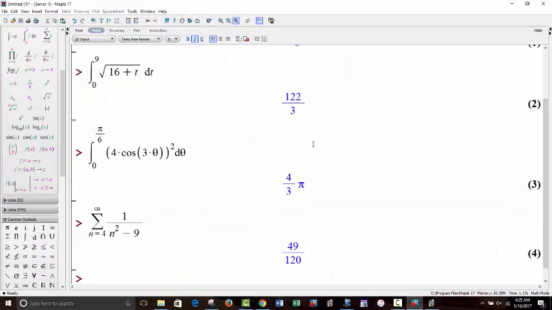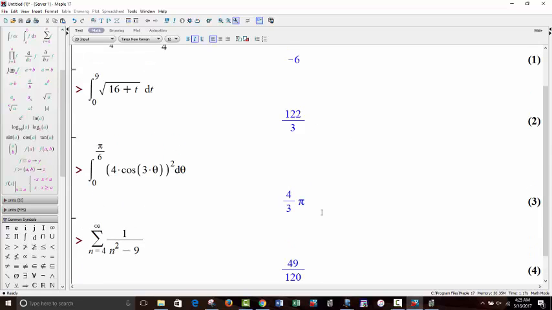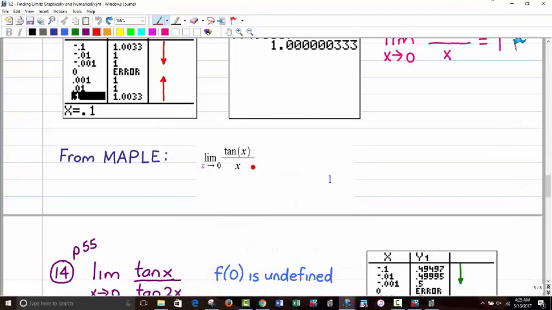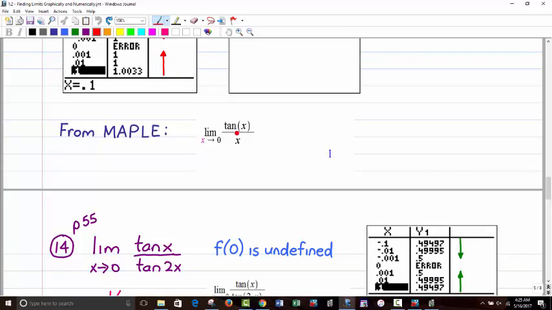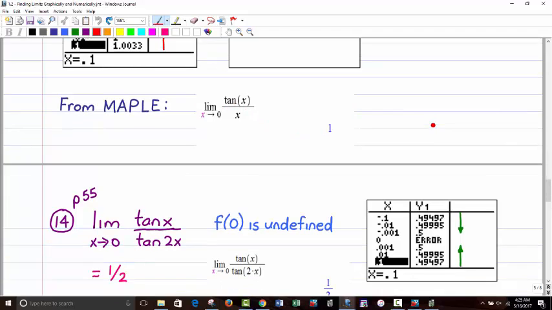Some stuff that you're not quite ready for. One of these is Cal 1, the rest are Cal 2. I like to put these things in there just to verify the answers a little bit, and Maple basically says that same problem is 1. So that probably means we're in good shape.